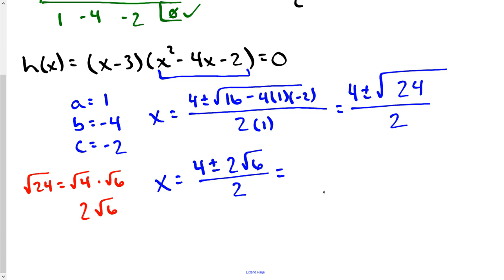But I got to remember that I can go through and simplify this out a little bit because I have a common factor in the numerator of 2 that will eliminate the factor in the denominator. Or I think it's easier to write it as 4 over 2 plus or minus 2 root 6 over 2. And then these guys get in like an epic ninja battle, and that reduces to 2.